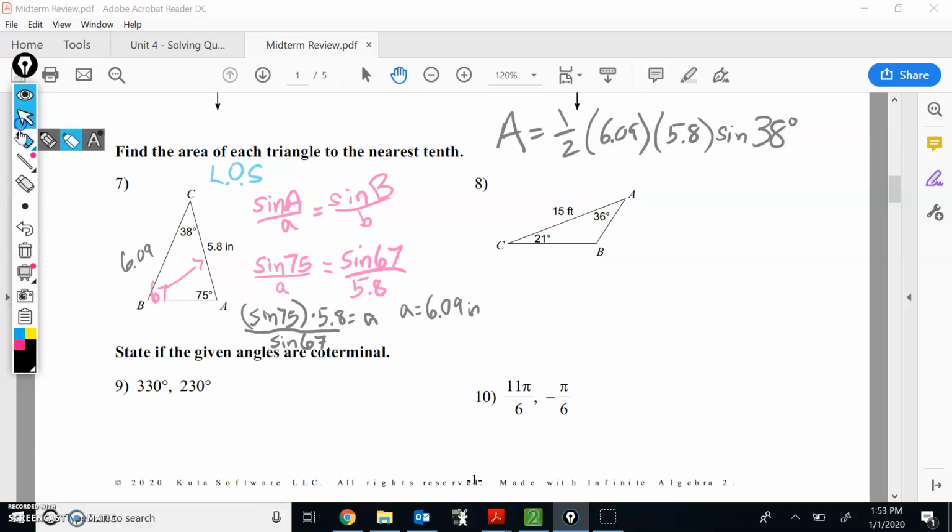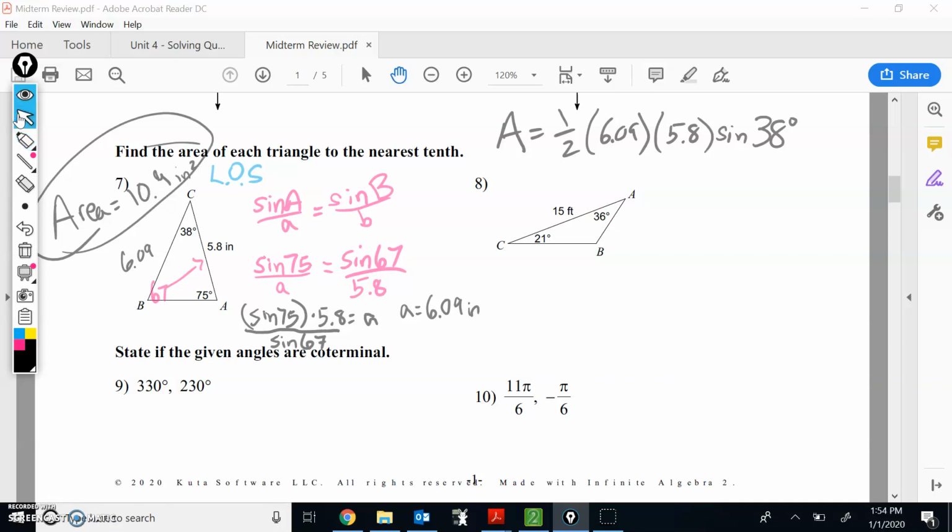Plugging those in, we get the area to be, write it over here, 10 point, and since we're rounding to the 10th, it's going to be 10.9 inches squared. Again, that was a little tougher because we had to use law of sine prior to using the area formula. We're going to have to do the same type of stuff with number 8, I believe, as well.